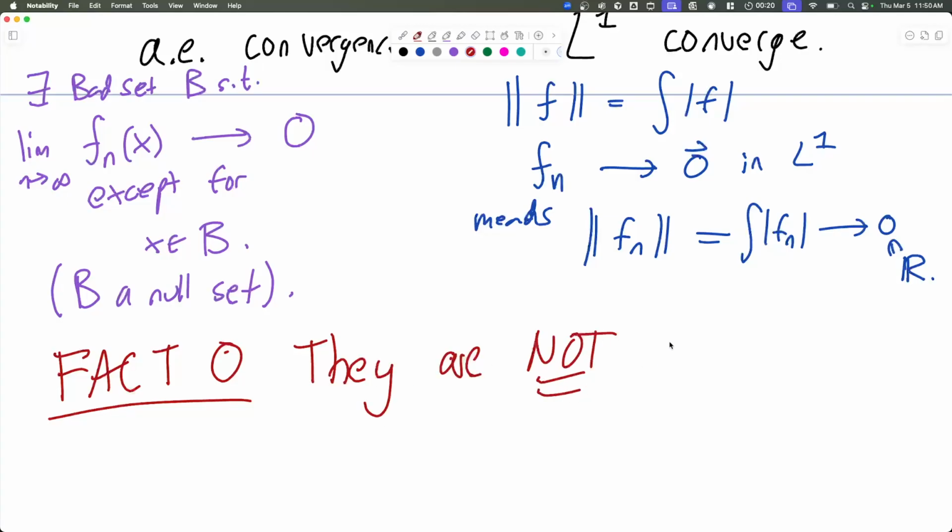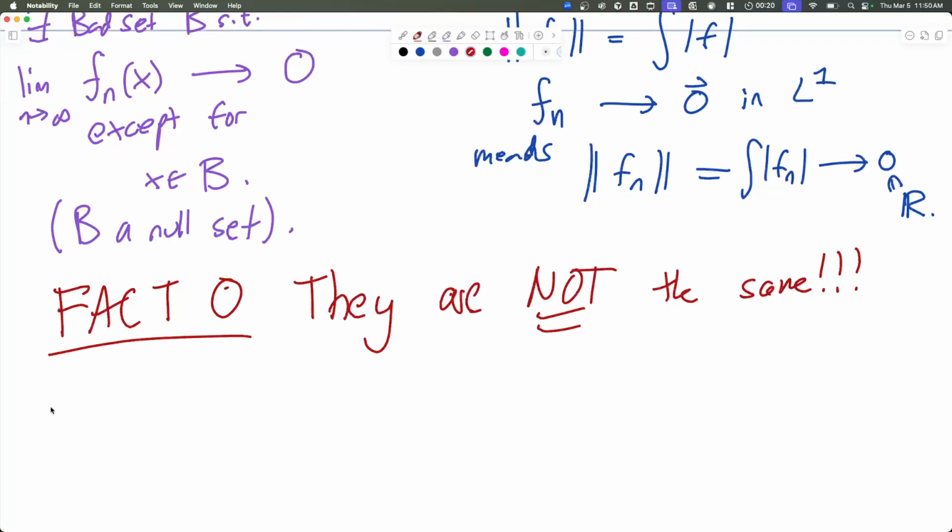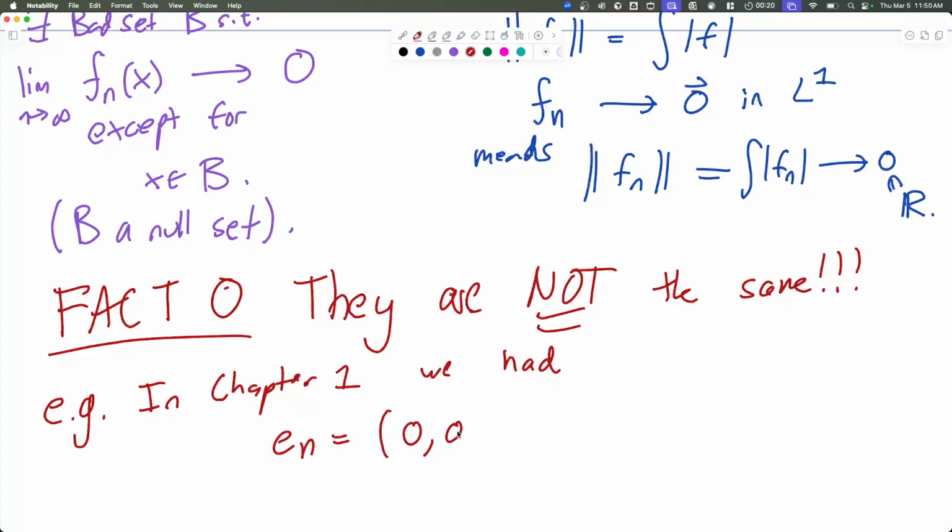We saw some examples of stuff like this in chapter 1 already. That might jog your memory. In chapter 1, we had sequences that were going to 0 pointwise, but their norms were not going to 0. I think the best example is the sequence En, which is all zeros except for a 1 in the nth slot, and then all zeros after that.